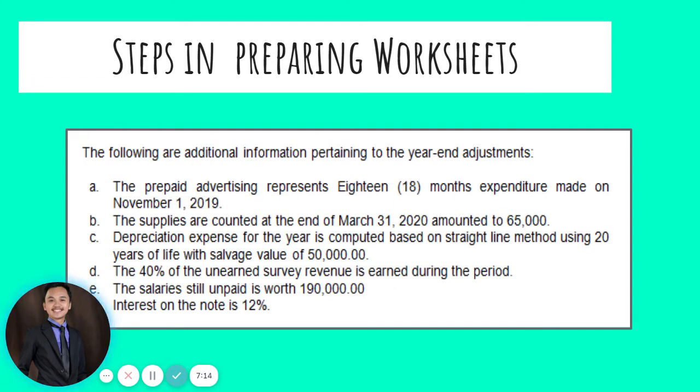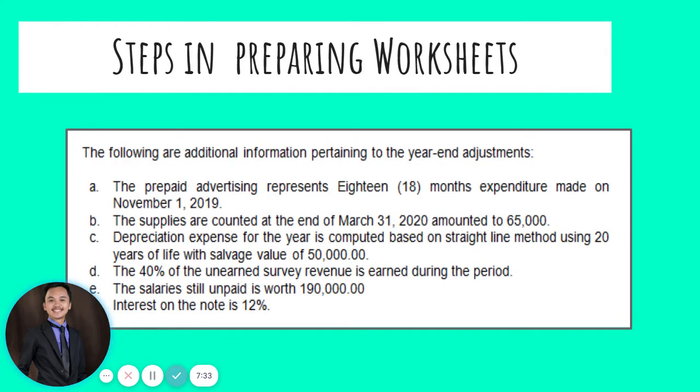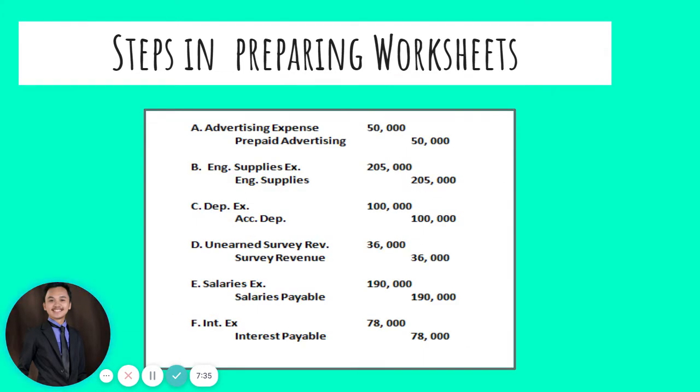Another, depreciation expense for the year is computed based on the straight line method using 20 years of life with salvage value of 50,000. So our adjustment for that will be debit to depreciation expense, credit to accumulated depreciation for 100,000, and so on and so forth until we could now prepare the entire adjusting journal entries.